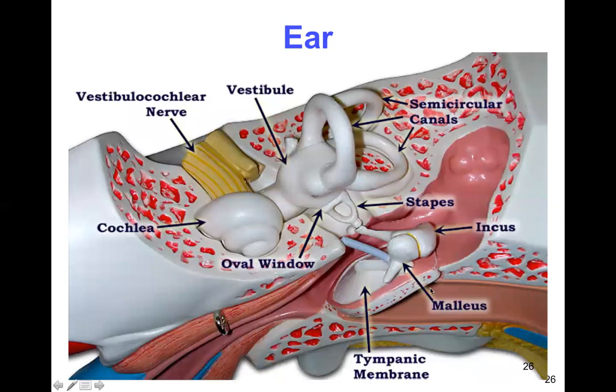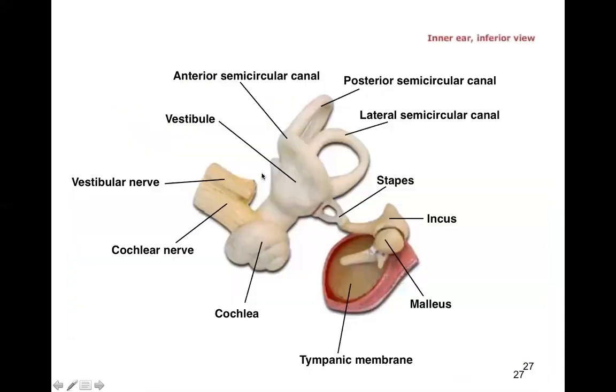Again, bird's eye view: malleus, incus, stapes, semicircular canals. This is the anterior canal, this is the posterior canal, and this is the horizontal canal. This is the vestibule, and the cochlea. This is the cochlear portion of the vestibulocochlear nerve, and the other one would be the vestibular portion. It's the same structure, just all separated.